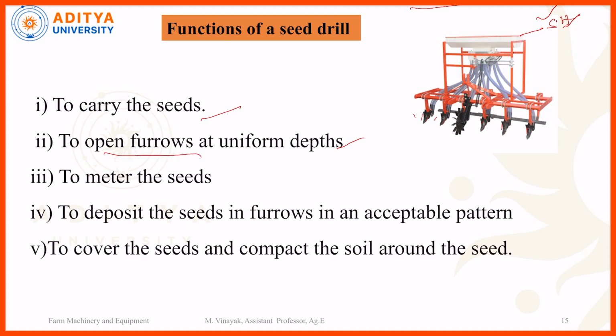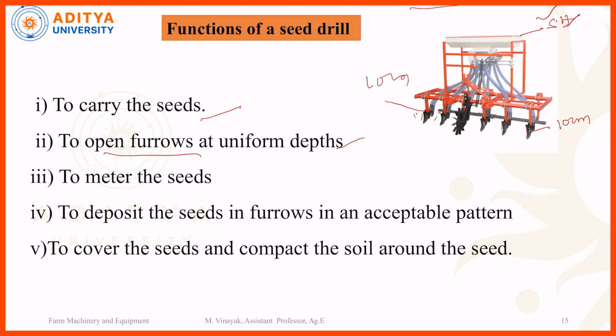How many furrow openers are there? 1, 2, 3, 4, 5, 6. Here 6 furrow openers are there. These 6 furrow openers open up the soil with a uniform depth. Suppose this furrow opener can open up 30 centimeter depth, this also can open up 30 centimeter depth of furrow.